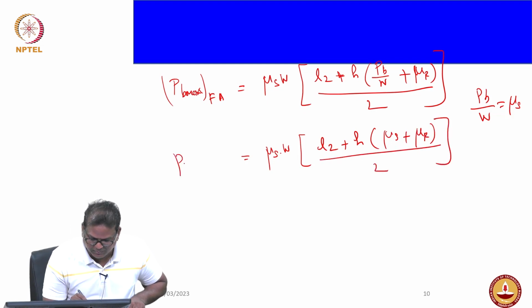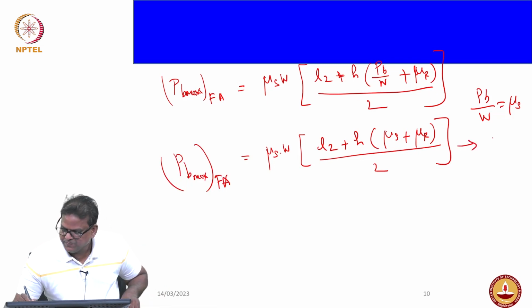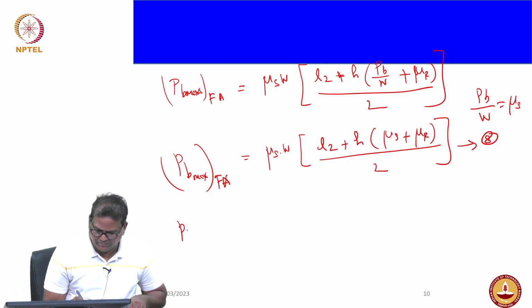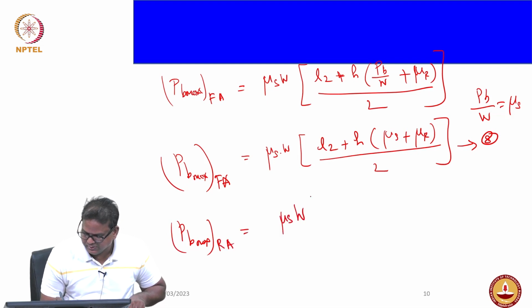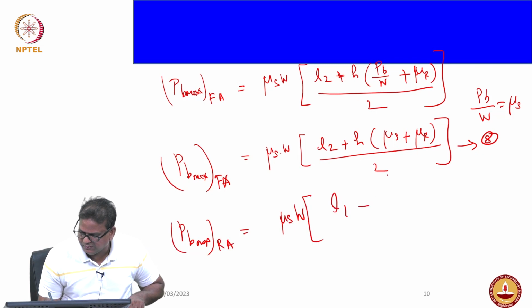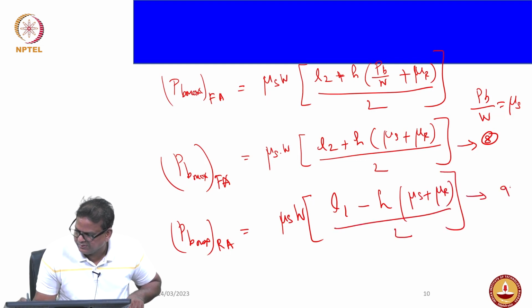So this is the maximum braking effort you would expect at the front axle. You can take it as equation number 8. Similarly, PB max for the rear axle would be mu S W L1 minus H mu S plus mu R, by L. This is equation number 9.